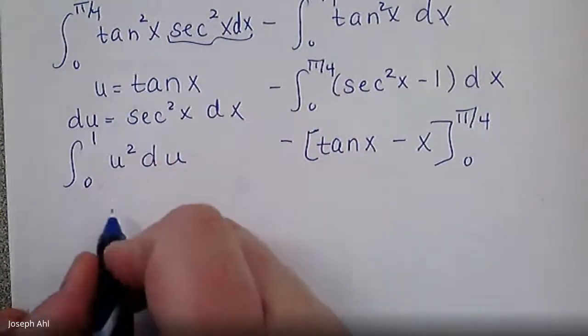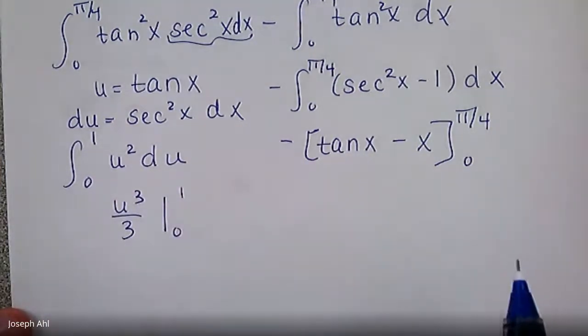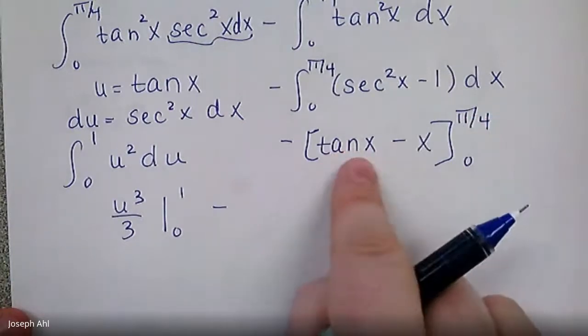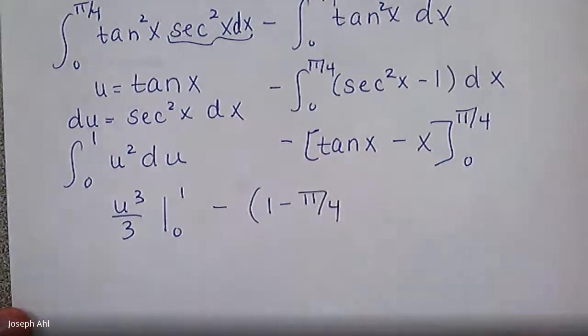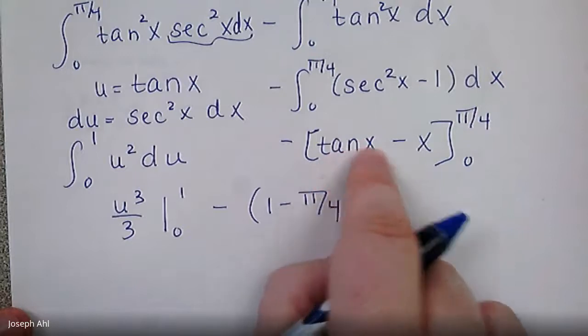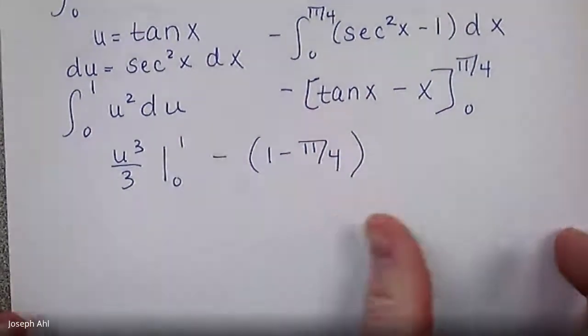Okay, the integral over here is u cubed over 3 from 0 to 1. And then minus from that, if I plug in pi over 4, tan of pi over 4 is 1. And then I'm going to subtract pi over 4 from that, so it's 1 minus pi over 4. Minus, when I plug in 0 for the lower bound there, tan of 0 is 0, and then I'm going to plug in a 0 there. So that kind of zeroes out.